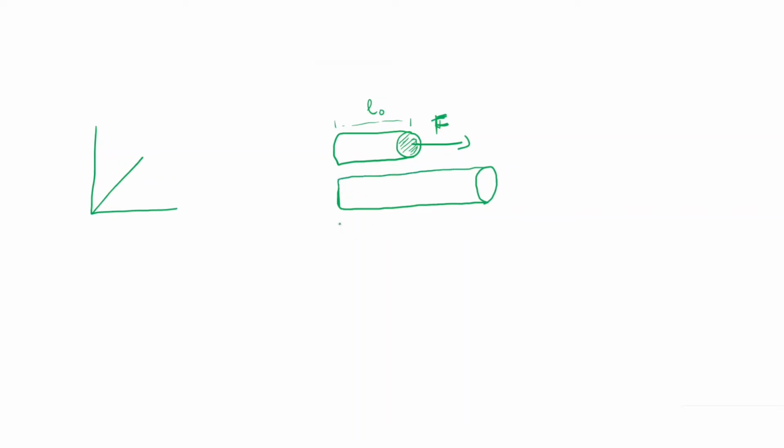It becomes longer, so it ends up with a length L. So you can see that from here to here, this becomes changing L, ΔL. Now ΔL is just given by the final length minus the initial length. Okay, so it turns out we can find a constant which tells us how strong a material is, or how hard it is going to be to deform that material.